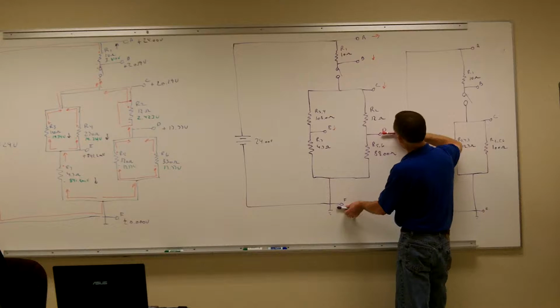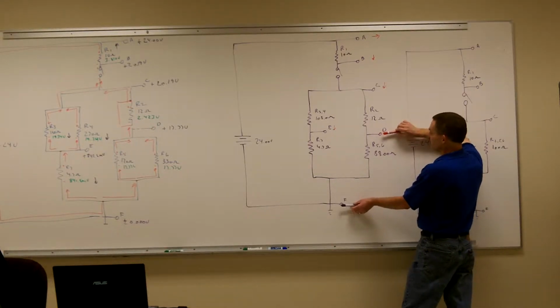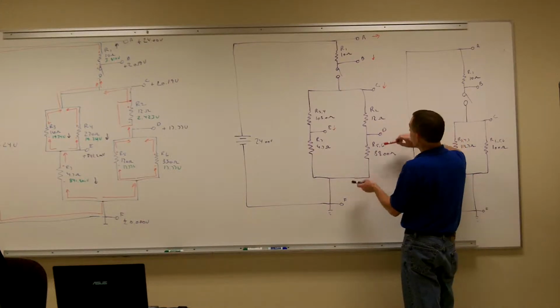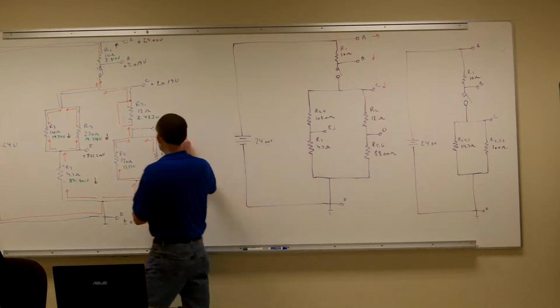But then we got down to here, and this is where it got kind of messy because it wasn't obvious what happened to test point D, whether that one increased or decreased.